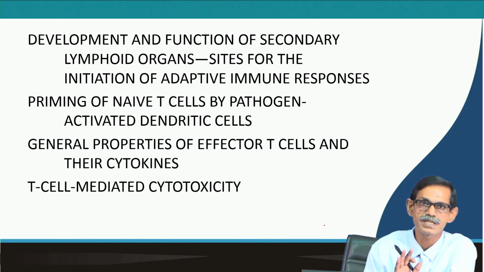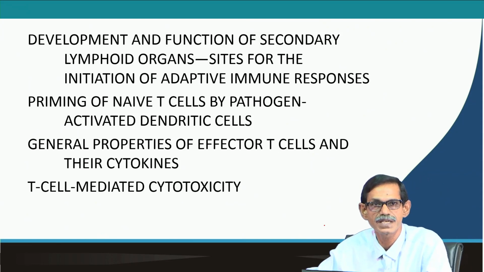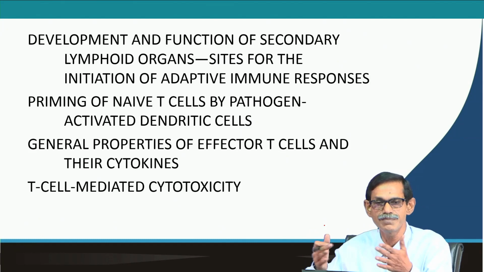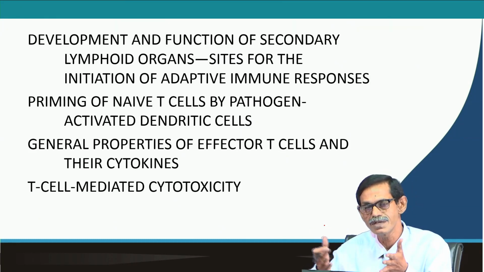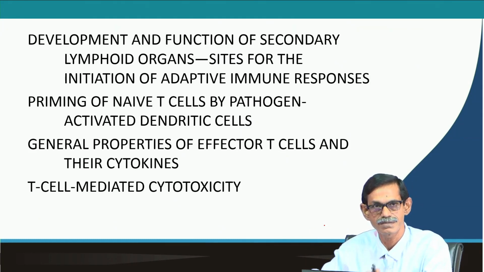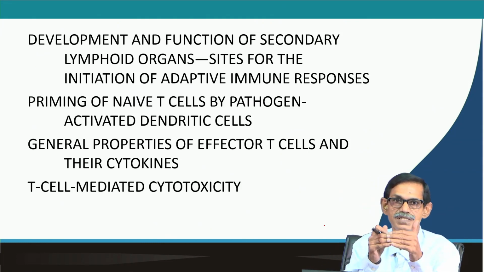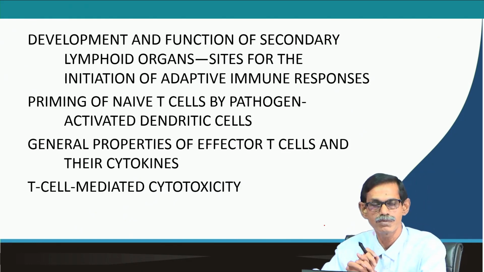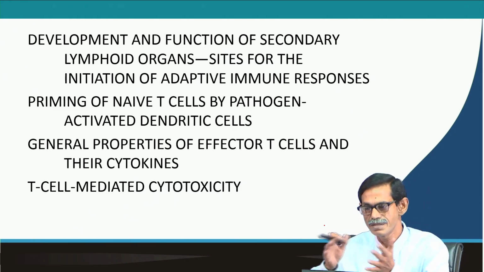What we are going to discuss here is the development and function of secondary lymphoid organs, and in which part of the lymphoid organ the T cells and B cells stay. Priming is needed, because naive T cells must be primed by the pathogen, otherwise they will not decide what to do.